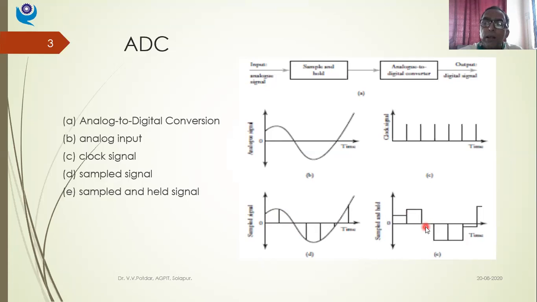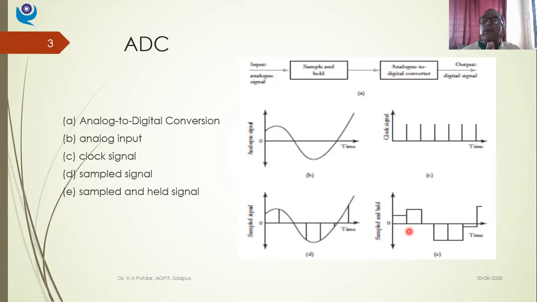I'll have zero output for this pulse, for this part of my analog signal. Then corresponding to this chopped part, I'll have a pulse of this magnitude. Likewise, this analog signal is chopped down into digital signal. This is how my analog signal is converted into digital signals or pulsed signals. Well, these are approximate methods.